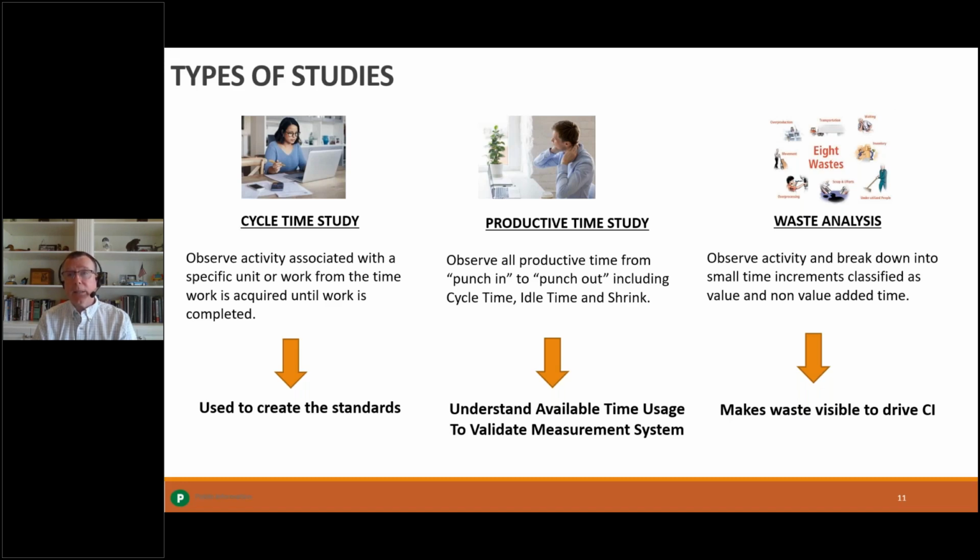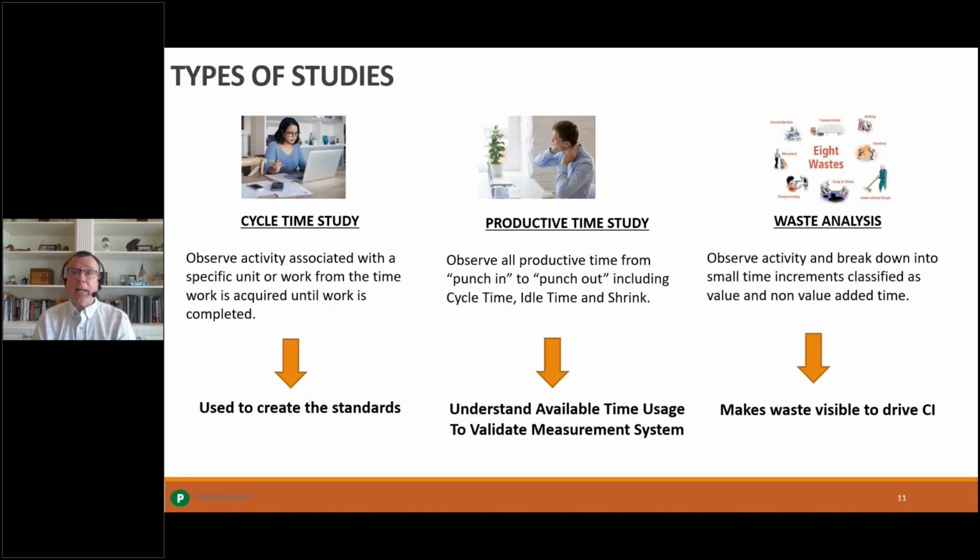In a waste analysis, we'll do a second-by-second review of the process at hand and evaluate each activity in each moment in time as value-added or non-value-added. This is particularly useful for the developers who are looking for opportunities and waste that they can eliminate through automation. It's also very useful to the operations folks, as it highlights a lot of the behavioral things that we do in the process that don't make sense.